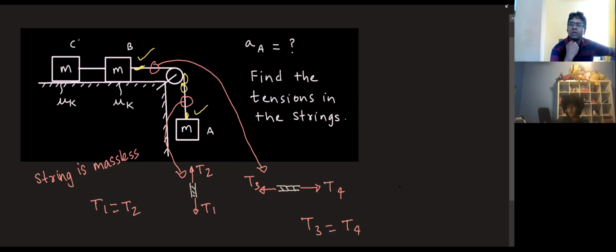The frictional force mu k into normal force is going to act in which direction? Opposite to the tension T1, to the left of B. Very good.